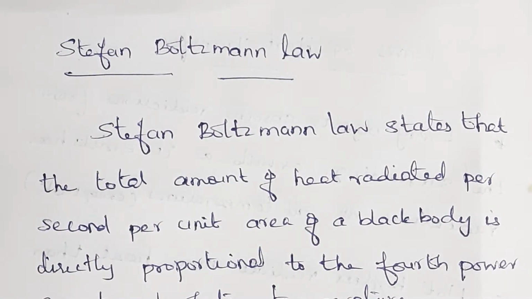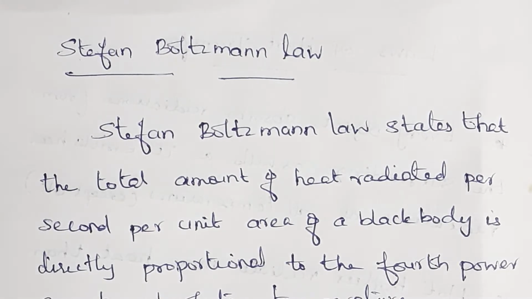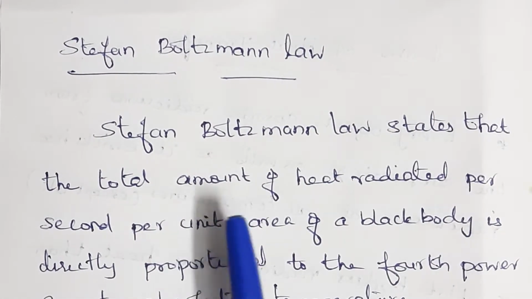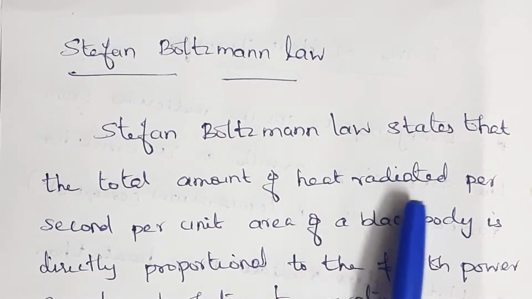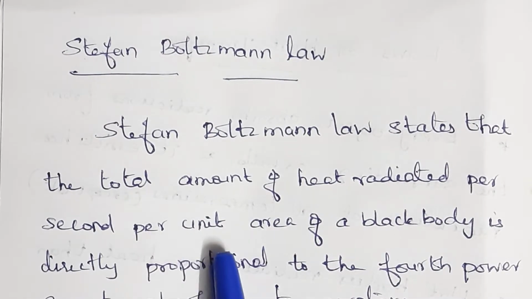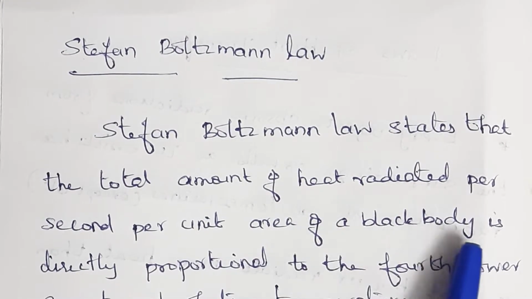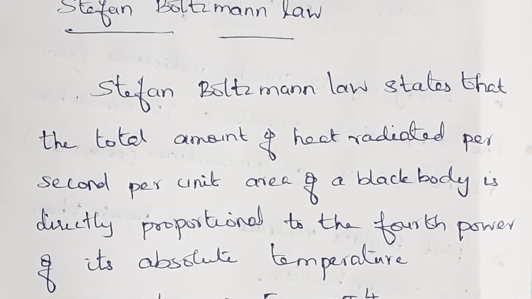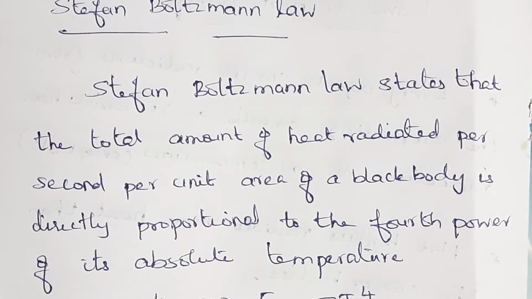The next law is Boltzmann Law. Boltzmann Law states that the total amount of heat radiated per second per unit area of a black body is directly proportional to the fourth power of its absolute temperature.